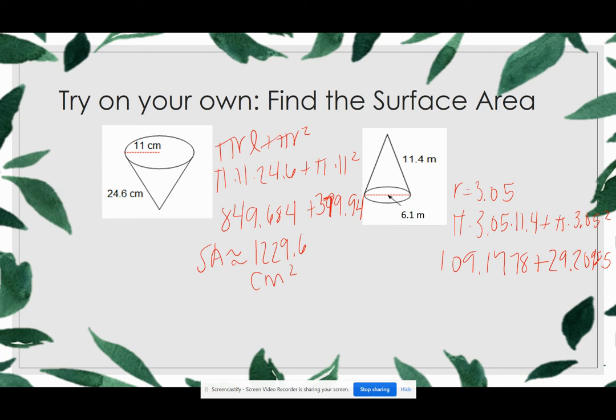And add them together. 109.1778 plus 29.20985 gives me a surface area as approximately 138.4 meters squared.